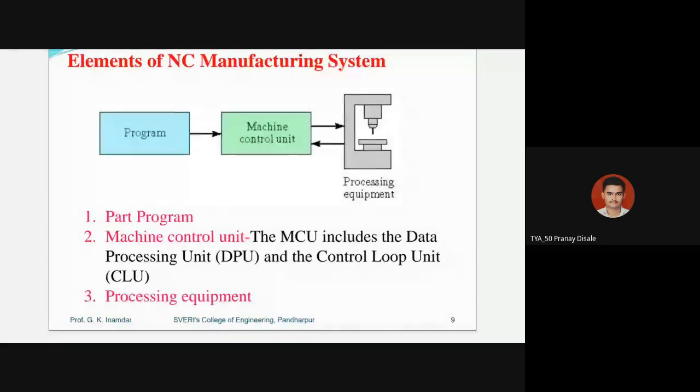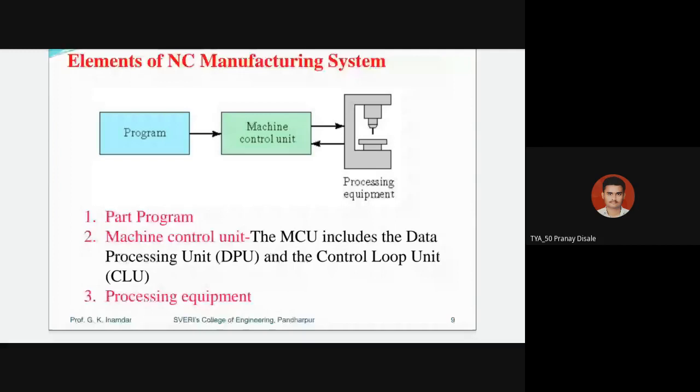According to the different directions given, the machine process unit will follow the machine control unit's direction. So in the end you will get the finished object.